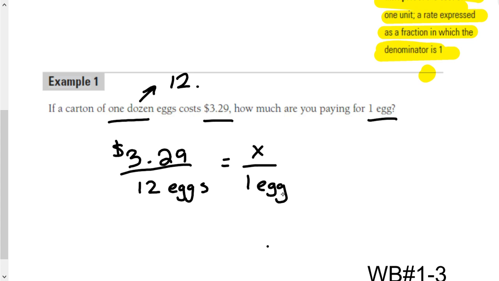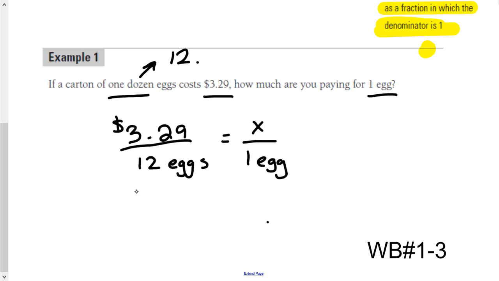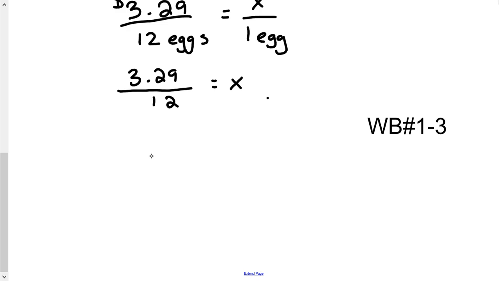When we solve this out and divide, the eggs are going to cancel, and it's just multiplying by 1, so the whole question really is just going to look like this. Then when we divide that out, we should get 0.27 is equal to x.